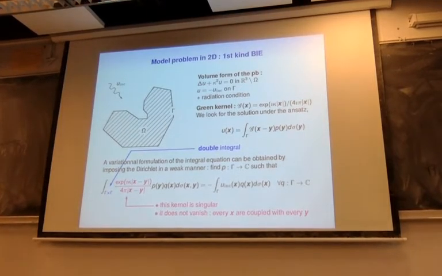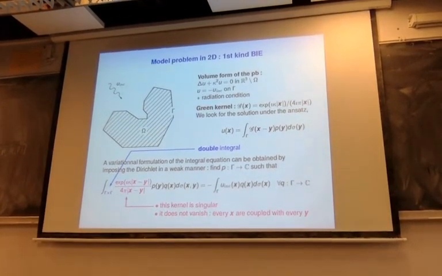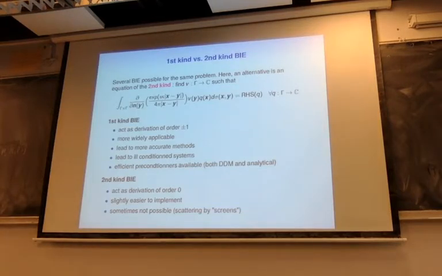Second, a specific feature is that the kernel is not smooth. The kernel is singular. When x tends to y, the kernel blows up. And in addition, it never vanishes. Which means that any element of the surface gamma is coupled with any other element of this surface. So, this will have important numerical consequences.